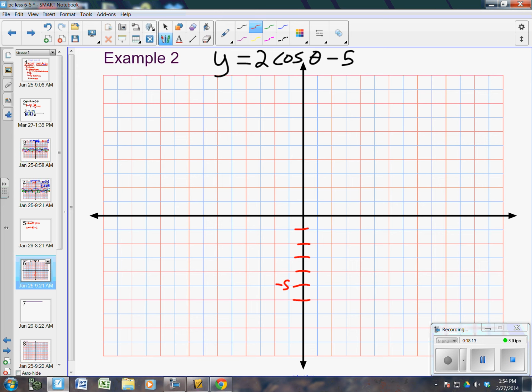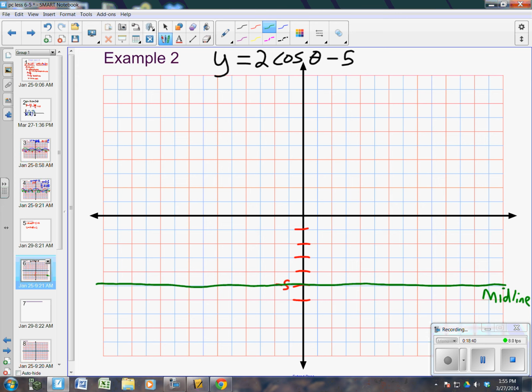Okay. Now, when we do a vertical shift, we are going to have this thing called the midline. The midline takes the place of the x-axis. It's our new equilibrium line. In other words, the sine and cosine functions are going to oscillate back and forth over this midline instead of over the x-axis.